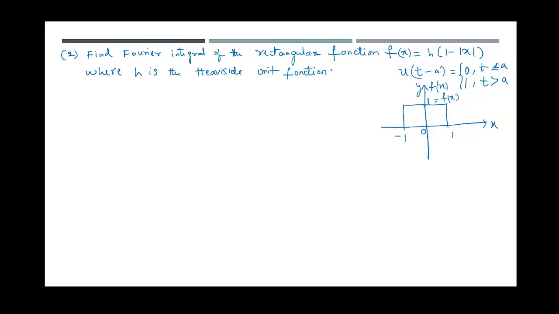So what is asked here? The function is given and it is asked to find the Fourier integral. So first of all, let us write the given function and the Fourier integral.